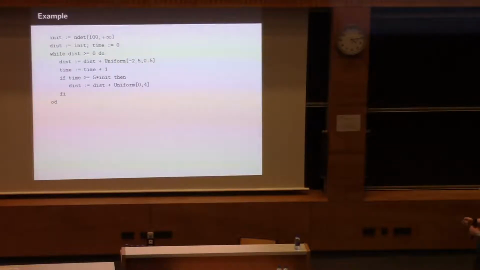Here we have a short example of such a program, and I will use this as a running example in my talk. To help you remember it better, I've made up a simple story behind it. Imagine that this models some sort of robot which moves on a line. It starts at some initially nondeterministically chosen distance from the target, and in each iteration of this loop, it tries to move towards the target, but the actual distance traveled is subject to uncertainty, which is represented by this random assignment.